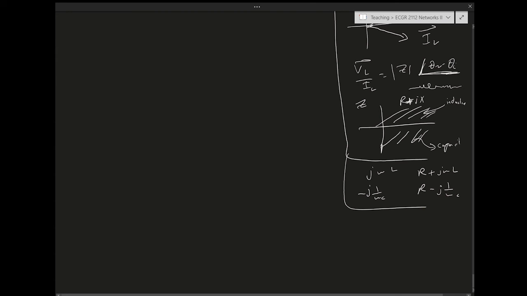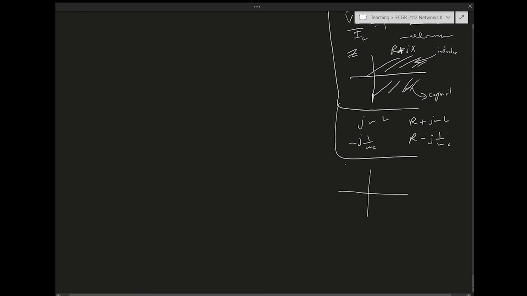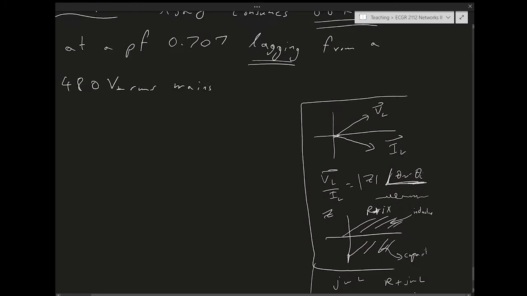If I look at the impedance in the complex plane, j omega L is at 90 degrees, but when I add some real, resistive part, I always get an angle that's less than 90 degrees. Or I could start with a capacitor, which starts at minus j over omega C at minus 90 degrees. If I add a resistor, I always reduce my angle. The maximum angle of an impedance will always be 90 degrees.